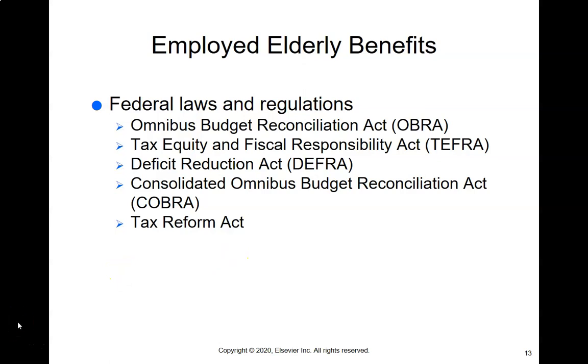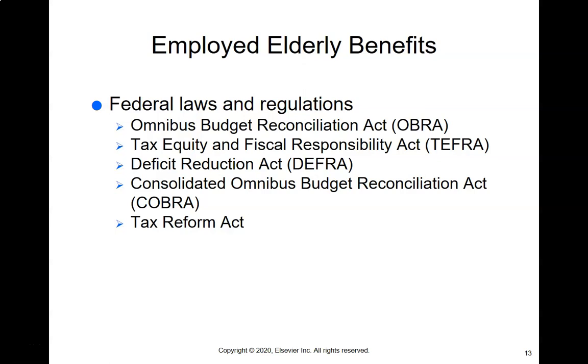Consolidated Omnibus Budget Reconciliation Act, COBRA. The COBRA of 1985, effective in 1986, is another amendment to TEFRA, eliminating the age ceiling of 69 years. An employee or spouse age 65 or older is entitled to the same group health plan offered to younger employees and their spouses.